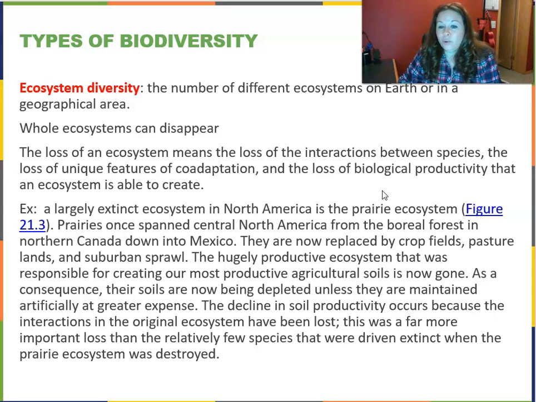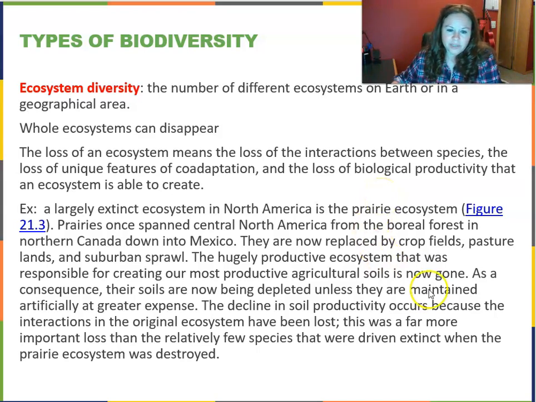Prairies once spanned North America from the boreal forest in northern Canada down into Mexico. Now they're replaced by crop fields, pasture land, and suburban sprawl. The hugely productive ecosystem that was responsible for creating our most productive agricultural soils is now gone.